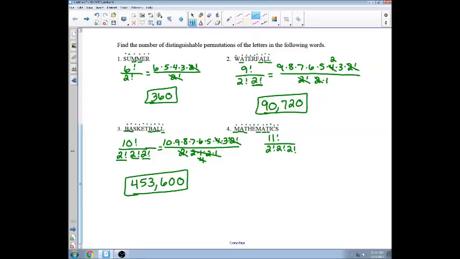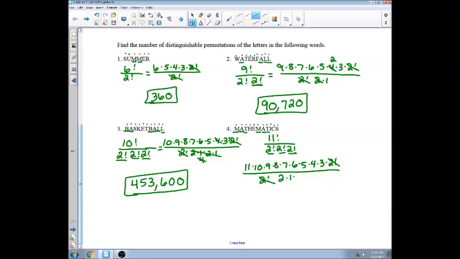So just like I have done every other time so far, what I'm going to do is write out my numerator until I get to the largest factorial in the denominator. So the largest factorial in my denominator is 2 factorial, so it'll be 11 times 10 times 9 times 8 times 7 times 6 times 5 times 4 times 3 times 2 factorial over 2 factorial. I'm going to keep that because I know I can cancel out this 2 factorial and the numerator. So I have 1 2 factorial. Now I have to work with this 2 factorial, so 2 times 1.